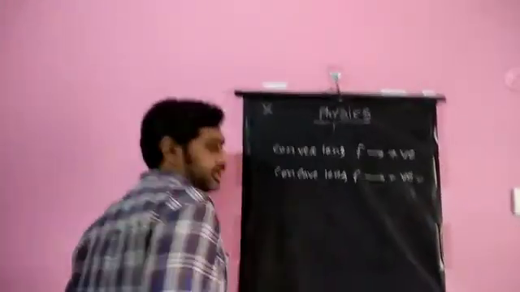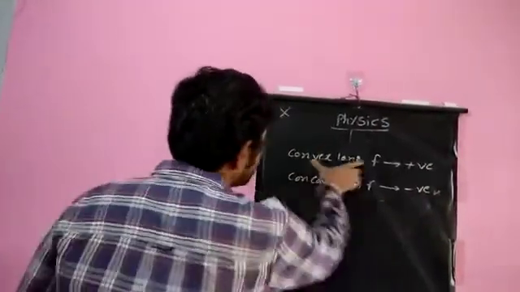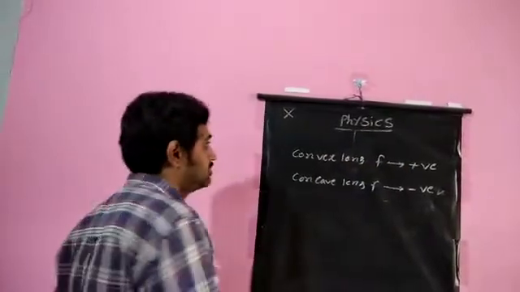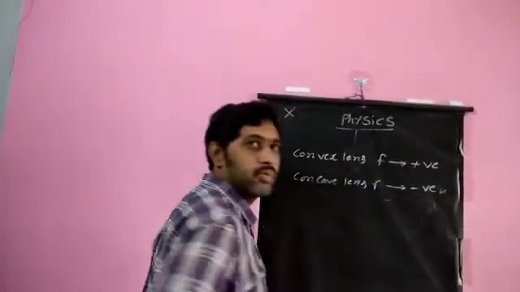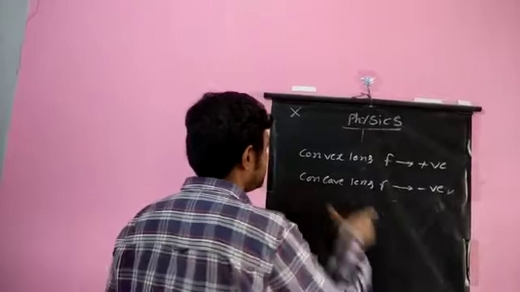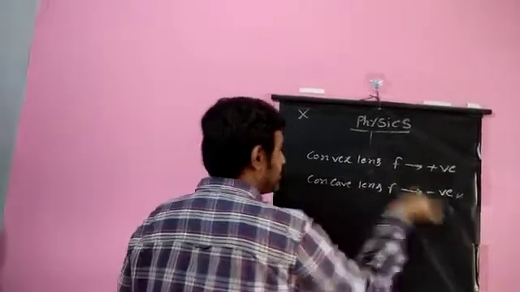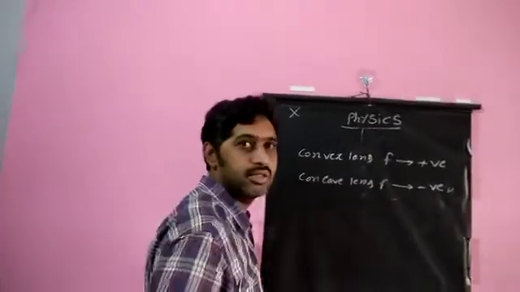Like mirrors, in a convex mirror also the focal length is positive, and the convex lens focal length is also positive. So if you compare both, you can remember it without confusion. The concave lens focal length is negative, whereas the concave mirror focal length is also negative.